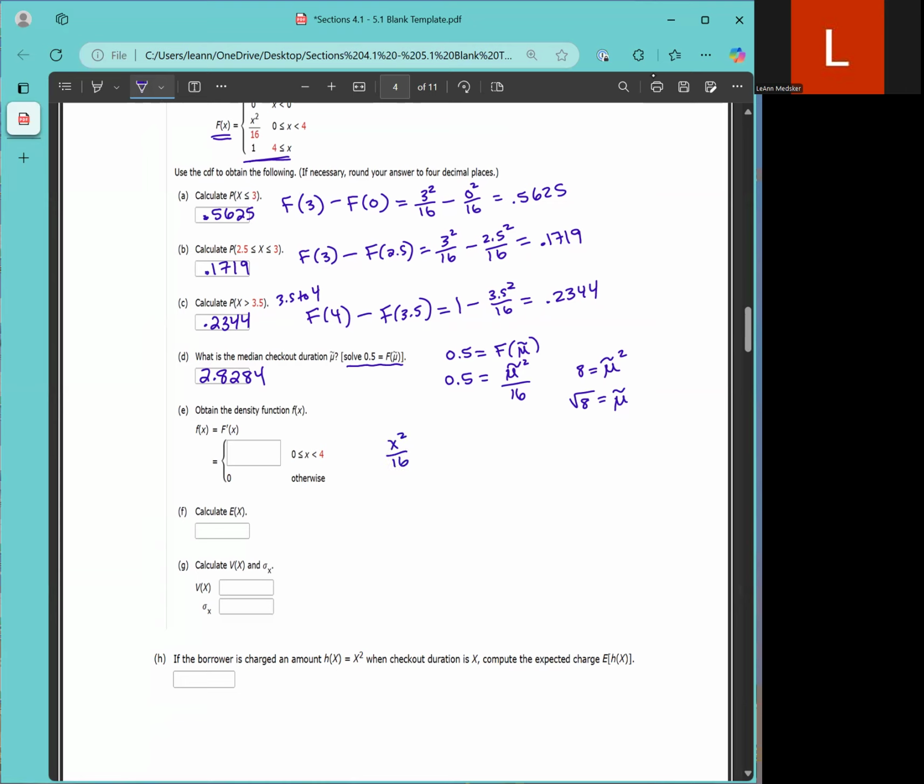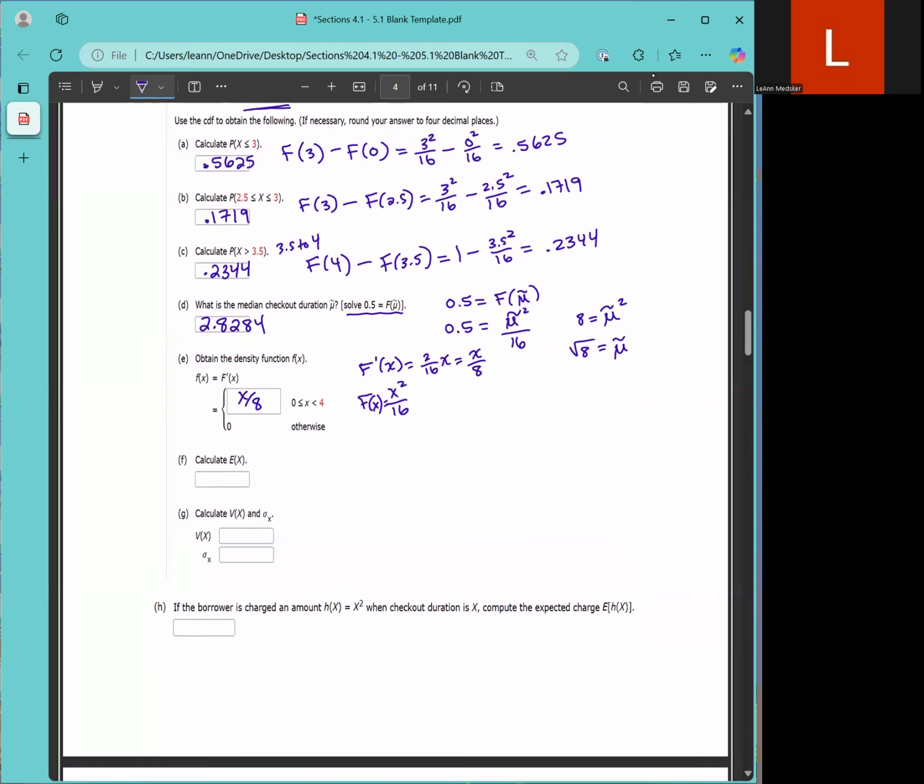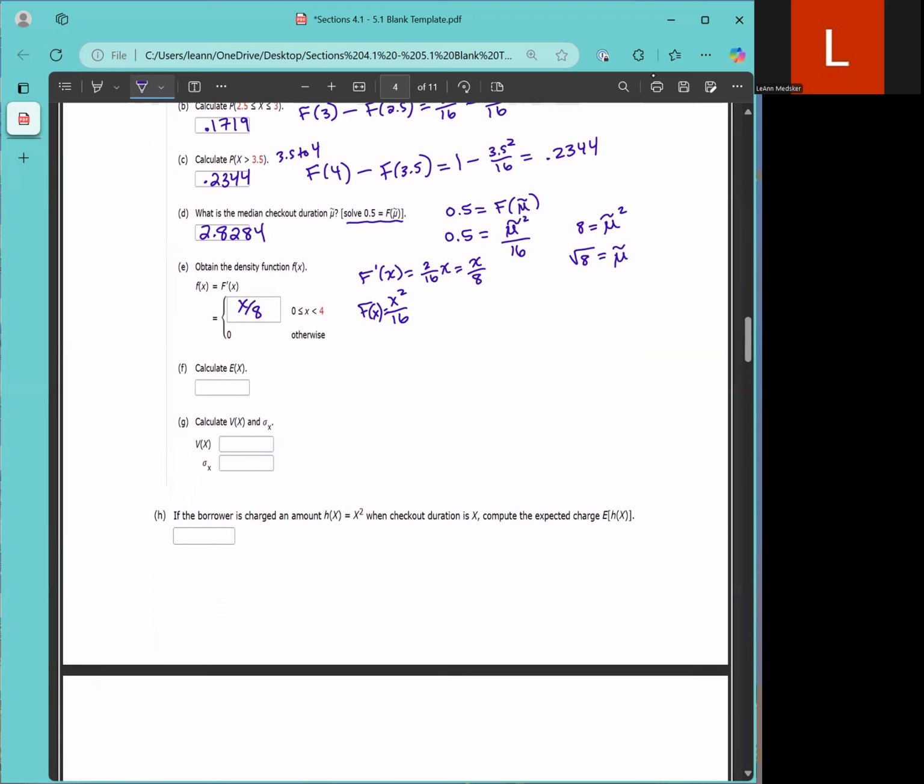So you're doing big F prime, where this is big F. Big F prime would be you pull the power to the front. So that'd be 2/16, and then we subtract 1 from the power. This is just going to be x over 8. So that was what this was before they integrated it. So that was from 0 to 4 and 0 elsewhere.